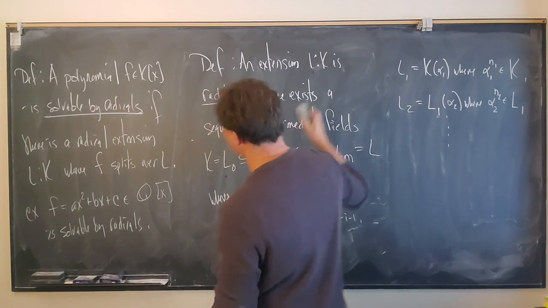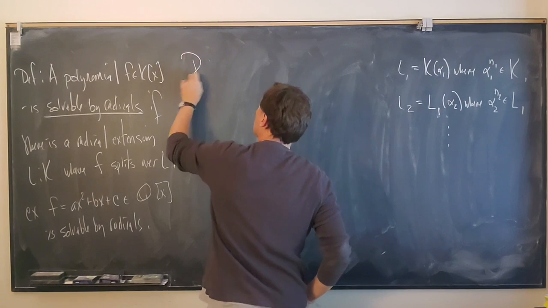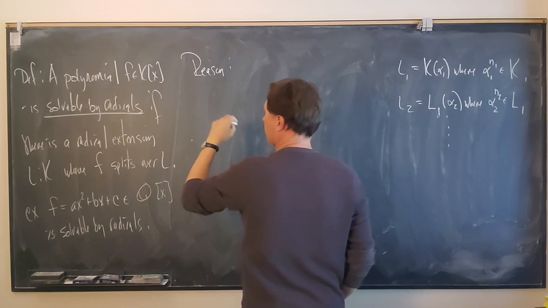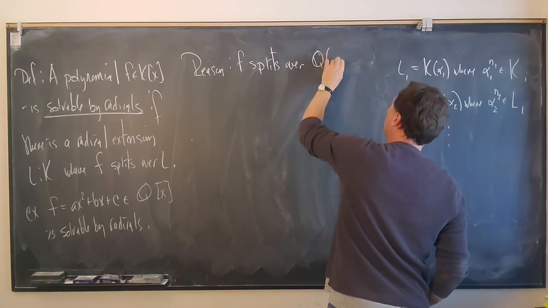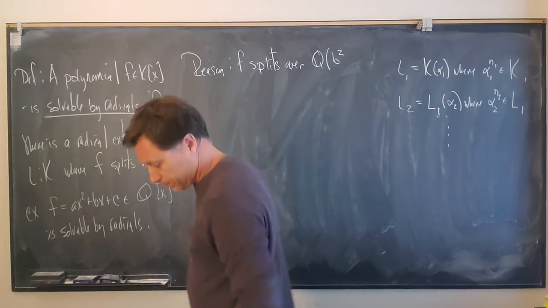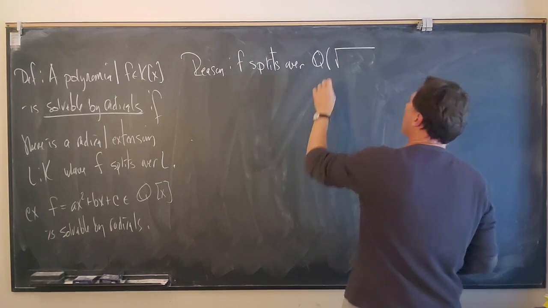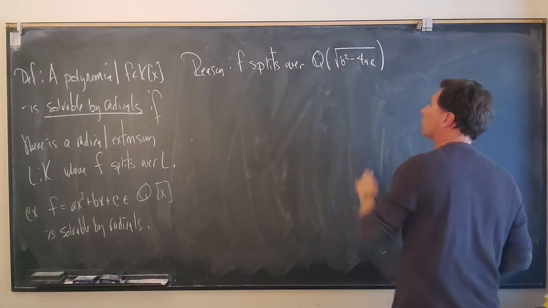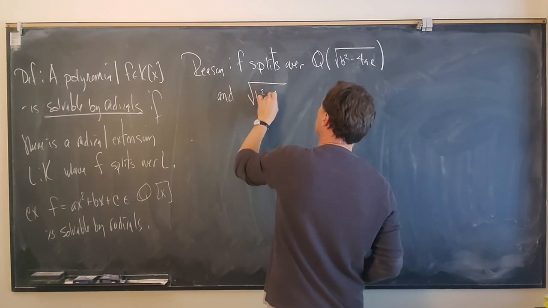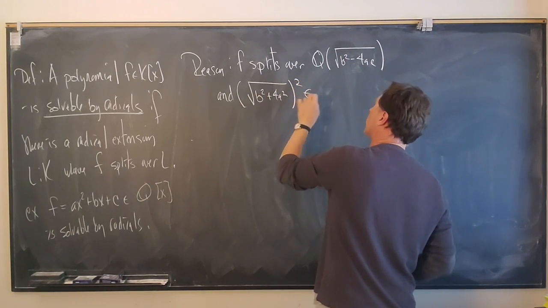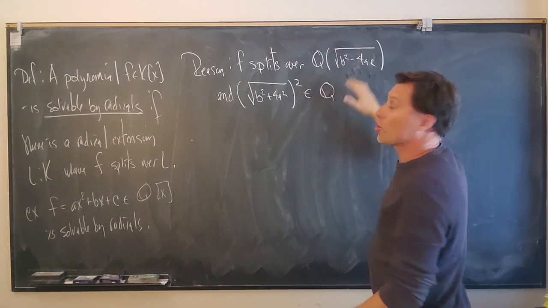The reason is that f splits over Q adjoin the square root of b squared minus 4ac, and the square of that square root lives in Q. In other words, Q adjoin the square root of b squared minus 4ac over Q is a radical extension.